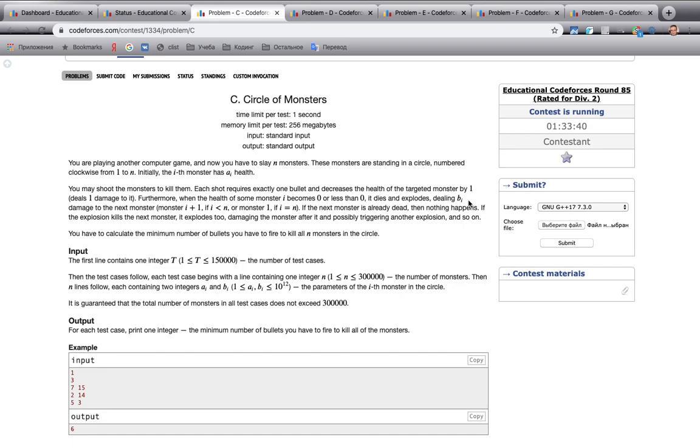It's just the sum of health of all the monsters, and the amount of bonus damage which is free for us is also fixed, but some bonus damage can be wasted if the health of a monster after explosion will go below 0, and we want this to happen as little as possible.